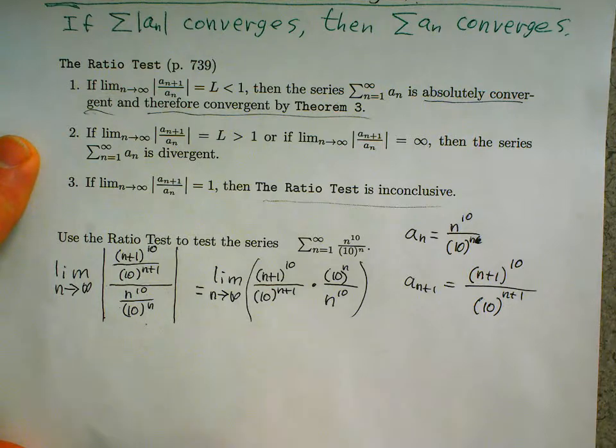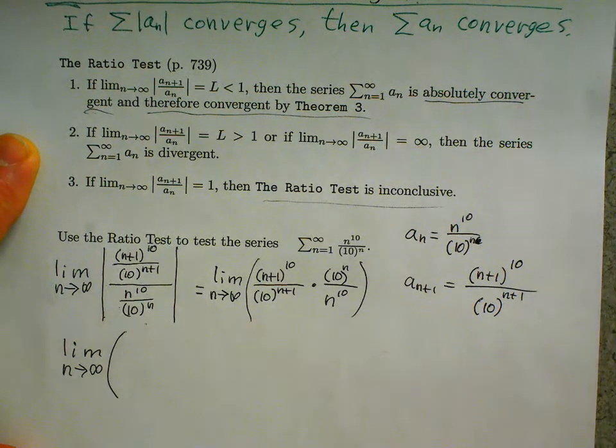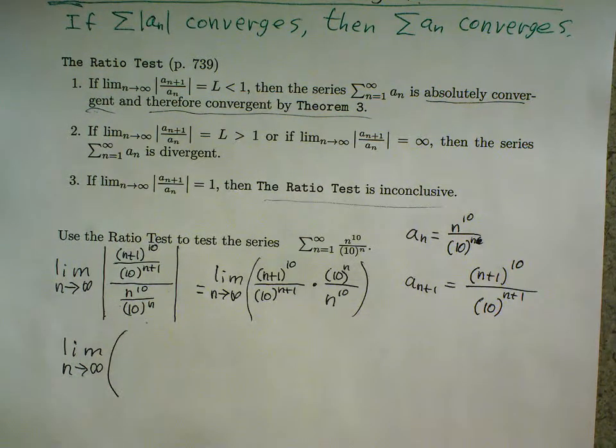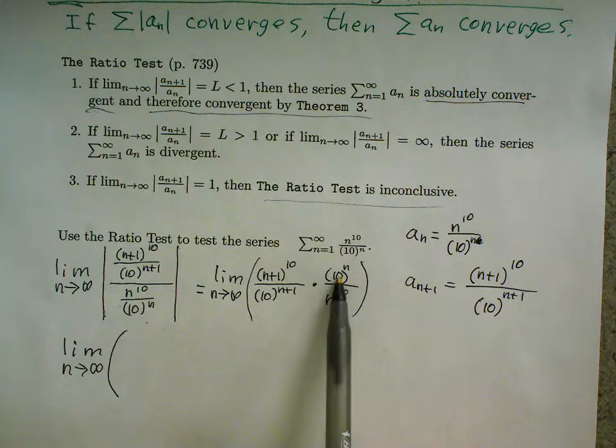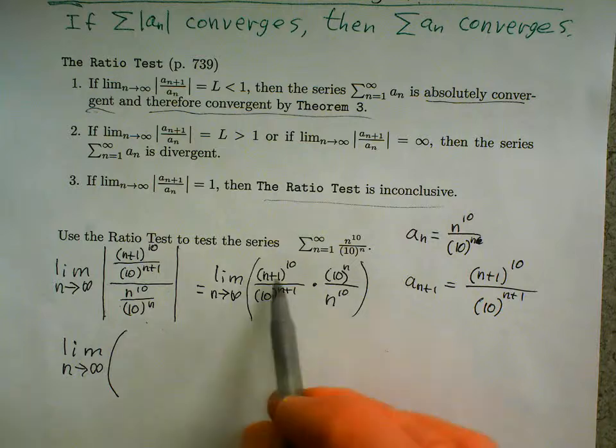Okay, then we'll do some arithmetic inside the parentheses. Okay, so notice 10^n divided by 10^(n+1). I'm going to rearrange the terms a little bit.